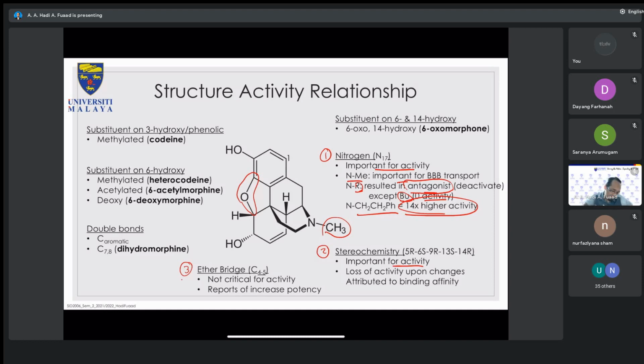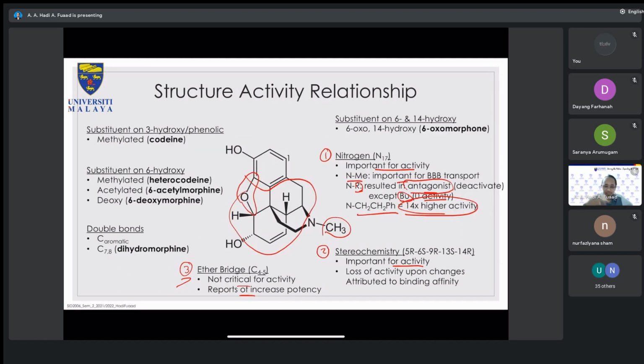And the last one, the ether bridge, is not critical for the activity. However, there are reports of increased potency if you remove it. It's there for some reason, but if you remove it, there will be a bit more flexibility in the other chain, and perhaps that's why the activity increases.